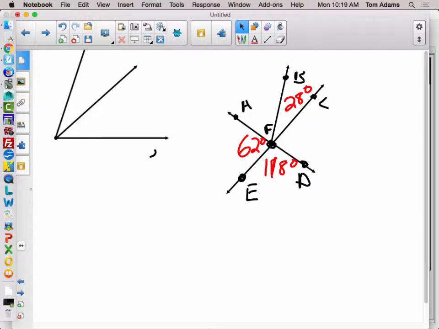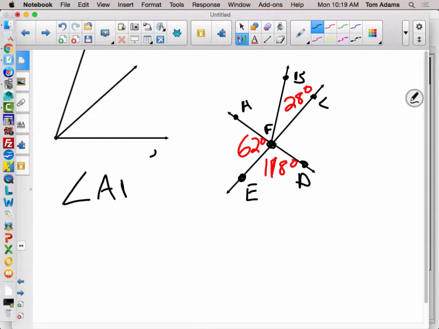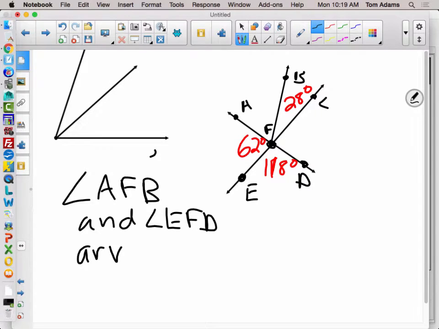All right. So now we got some more questions. Next question they have for us: angle AFB and EFD are vertical angles. So we're asked to say if that's true or false.